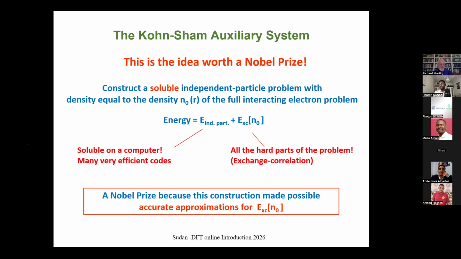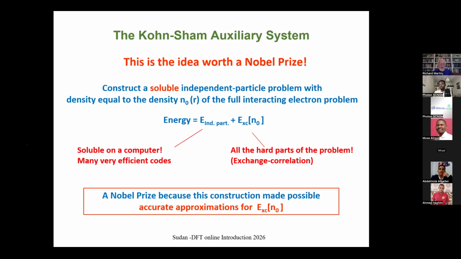And there's now software to solve the problem for a lot of cases. And you add to that an energy that takes into account all the hard parts of the problem that you don't know. Now, this is still just writing down equations and not getting anywhere.